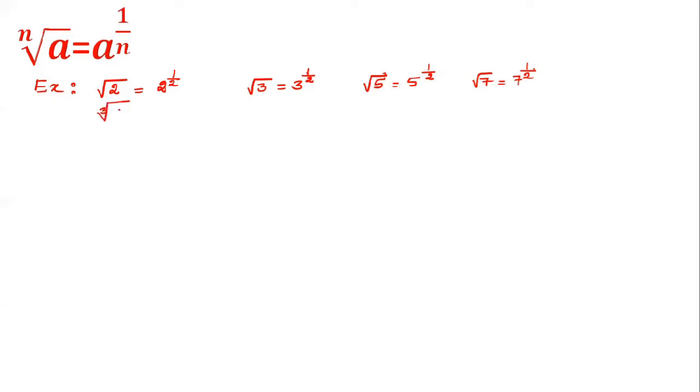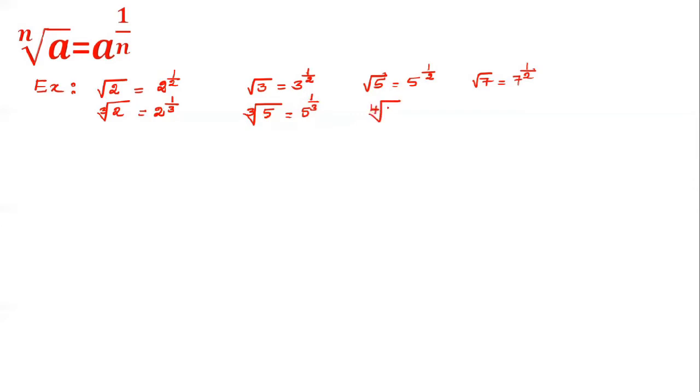Cube root of 2. Here order is 3, radicand is 2. So 2 to the power 1 by order, that is 3. So 2 to the power 1 by 3. Cube root of 5. Radicand 5 to the power 1 by, what is the order? 3. So 5 to the power 1 by 3.